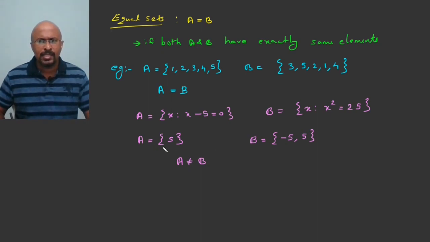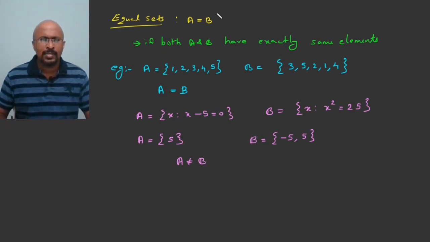We can easily see set A has 5 and B also has 5. But B has minus 5, which is not there in set A. Therefore, sets A and B do not have exactly the same elements. Therefore, A is not equal to B here.